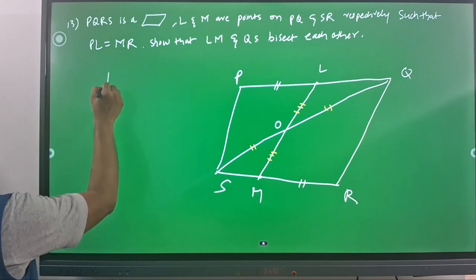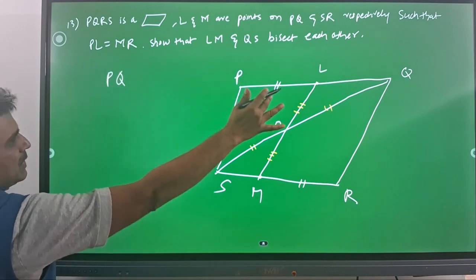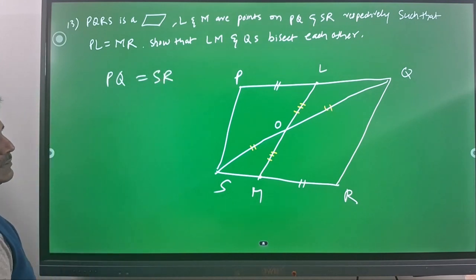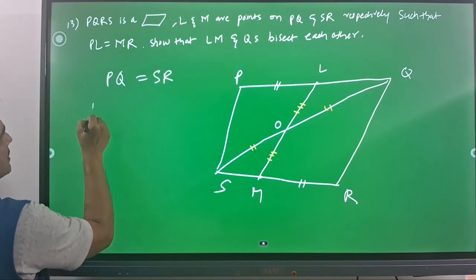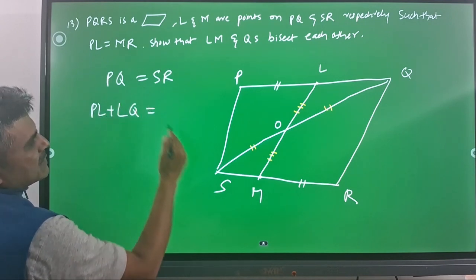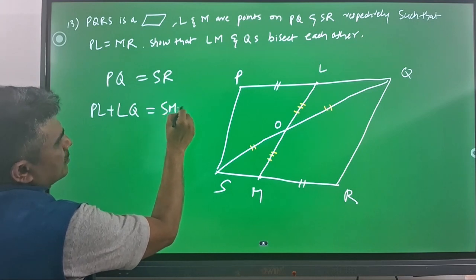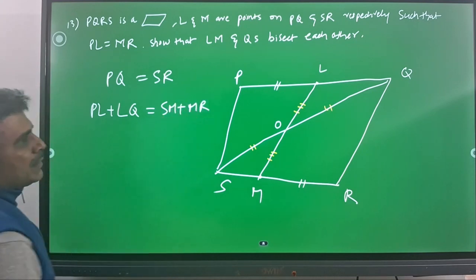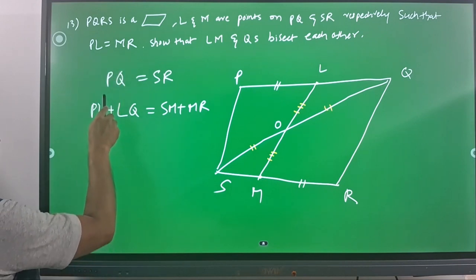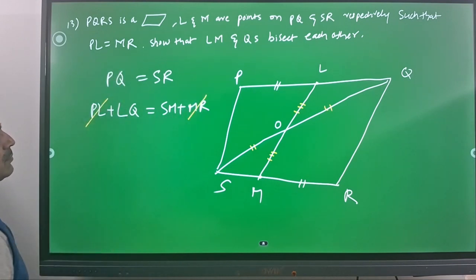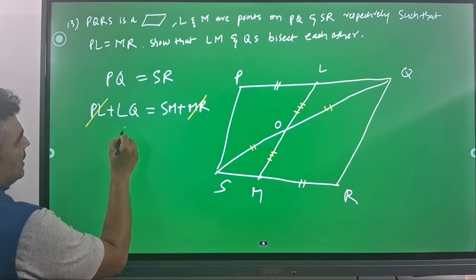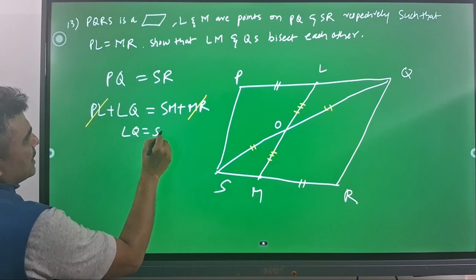For example, I am considering PQ, which is equal to SR. So I can write PQ as PL plus LQ, which is equal to SR, I can write SM plus MR. From the given information PL is equal to MR, so PL and MR I am cancelling because those two are equal. So we got LQ or QL is equal to SM.